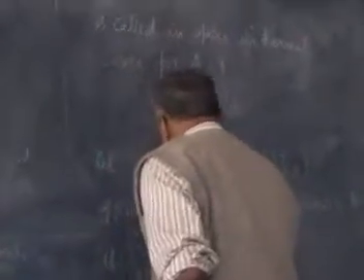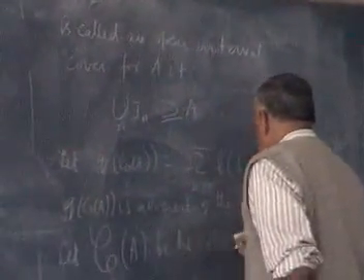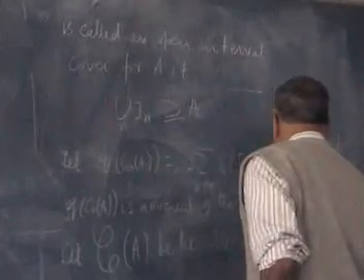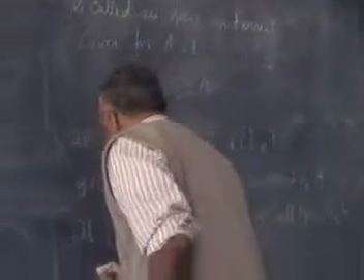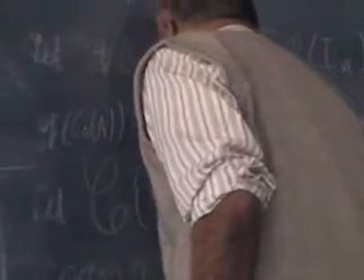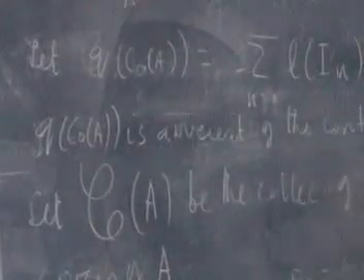So let CA be the collection of all open interval covers. This is one. Every boy puts some weights and overweights. Okay, so let that be the collection of all.